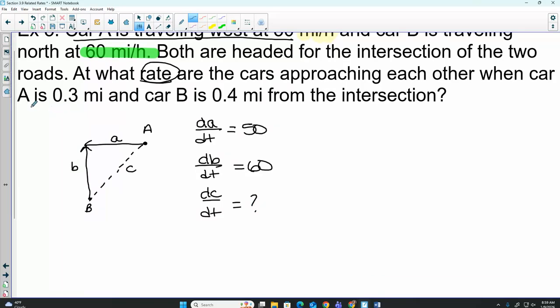When car A is 0.3 miles and car B is 0.4 miles from the intersection. What is the 0.3? A is 0.3, and B is 0.4. So that's my picture and everything I was given. Are we okay with that part?